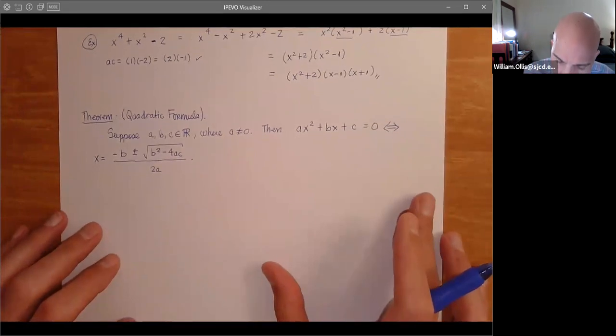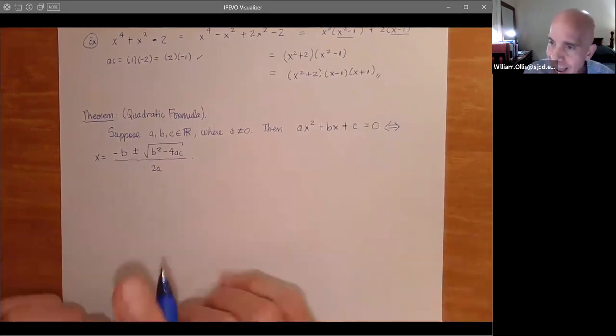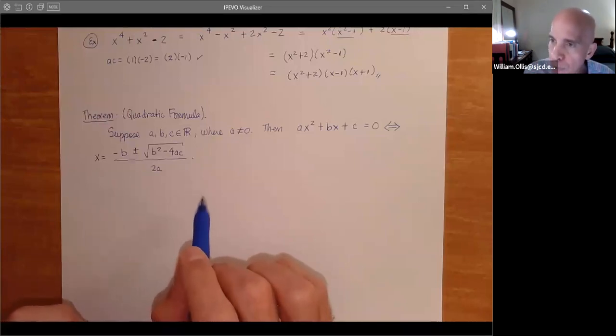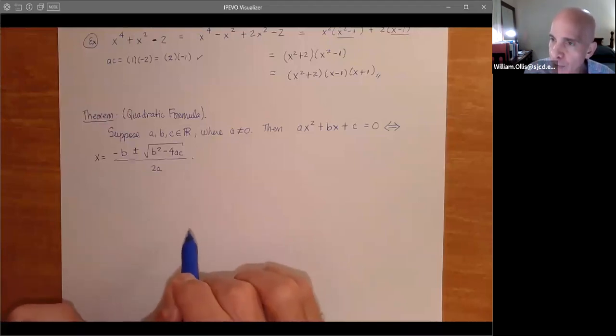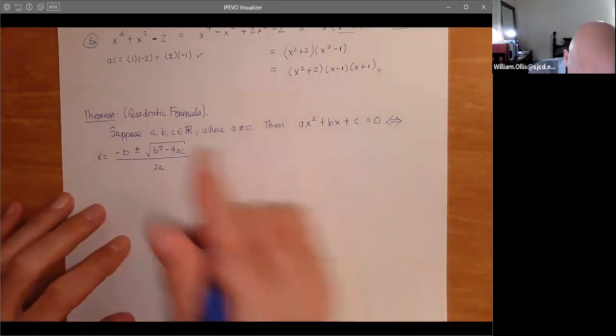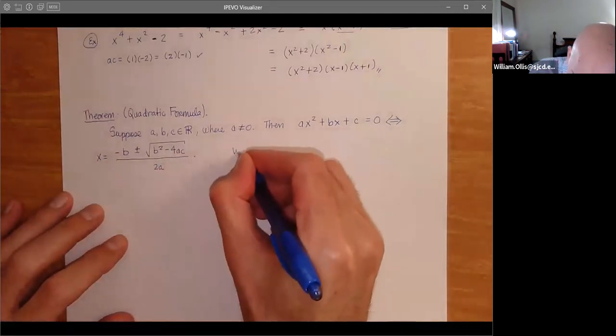So what I want to do, before we actually utilize this formula, is go ahead and derive it so you can be remembering the technique of completing the square. That's a really important technique here. So for instance, we'll just say, well, why is this true?